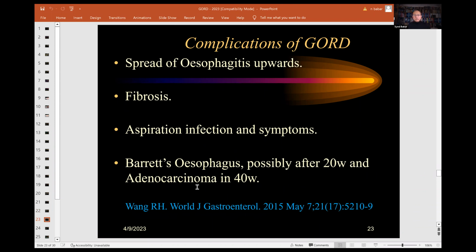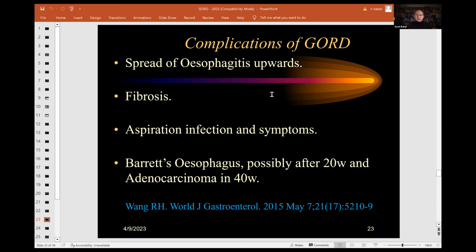So what can go wrong with GORD if it is insufficiently treated or not treated? Esophagitis from the lower part of the esophagus, which is usually in the chest. The spread of esophagitis goes upwards proximally. Gradually, the chronic inflammatory change of fibrosis will take place, or even before then, the symptoms will cause aspiration, pneumonia, pharyngitis, halitosis, gum bleeding.